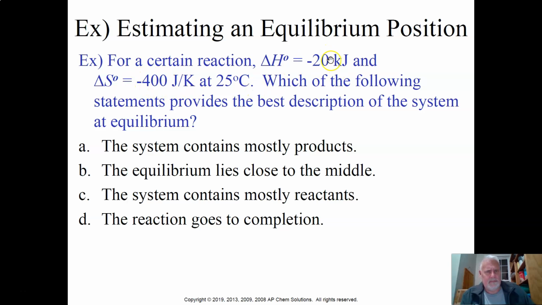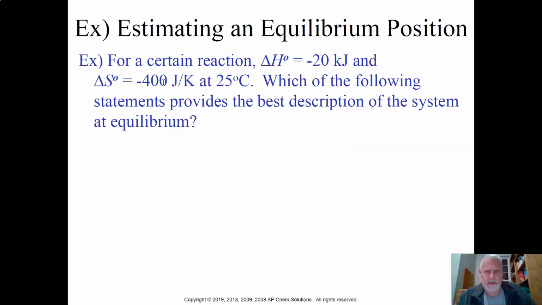Both of these things tell me that this is not a favored reaction thermodynamically. The delta H has a slight value, but that delta S value is really, really small, and systems will favor more disorder.